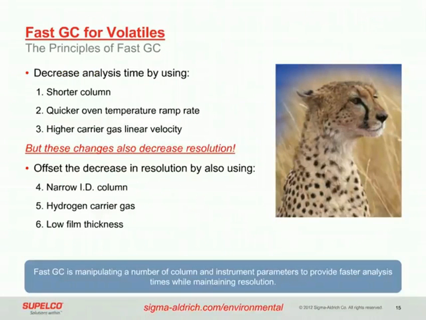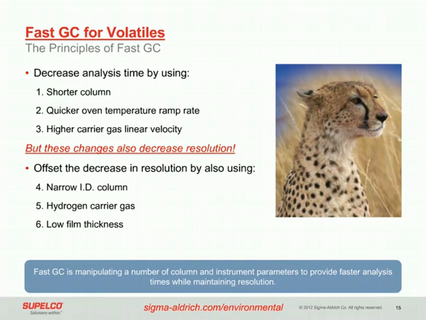So that gives you an idea on trap selection, and we'll spend a few minutes on fast GC for volatiles. The principles of fast GC are decreasing analysis time by using a shorter column, quicker ramp rate, and a higher velocity of your carrier gas. Those changes will give you quicker runs, but you'll also decrease resolution.